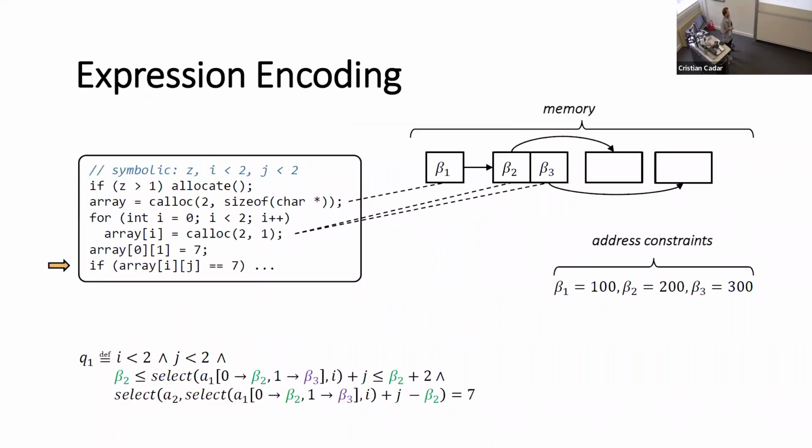If we look, for example, at our first path, then the base address of array will be beta 1, and the base addresses of the two objects allocated in the loop will be beta 2 and beta 3. This will be our address constraints on the right.